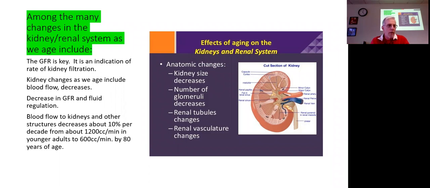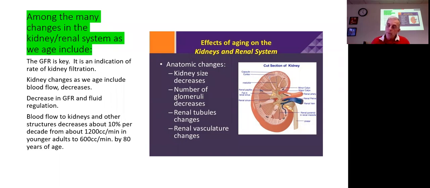So it's an important finding, especially as we consider how the kidneys change as we age. For one thing, blood flow to the kidneys changes. It diminishes as we age. It decreases. And this has a direct impact on your filtration rate as well.